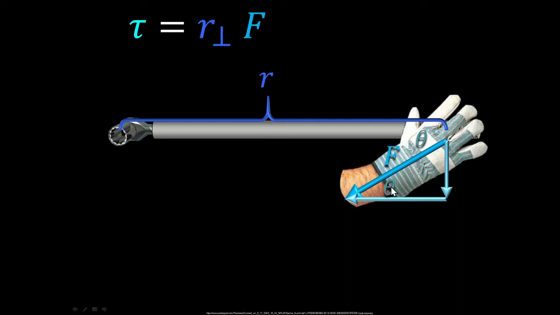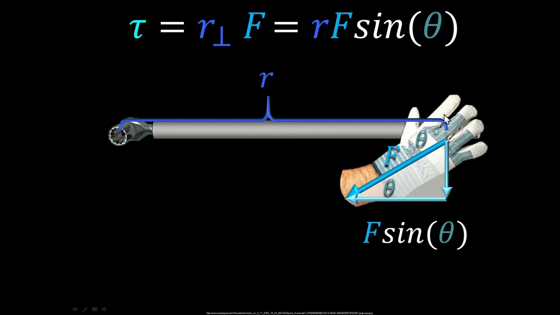Well, the force times the sine of the angle would give us this opposite side here. So in this situation, we could just take this distance times this force, which is this, and that would calculate the torque as well. So another way to calculate it, if it wasn't perpendicular.